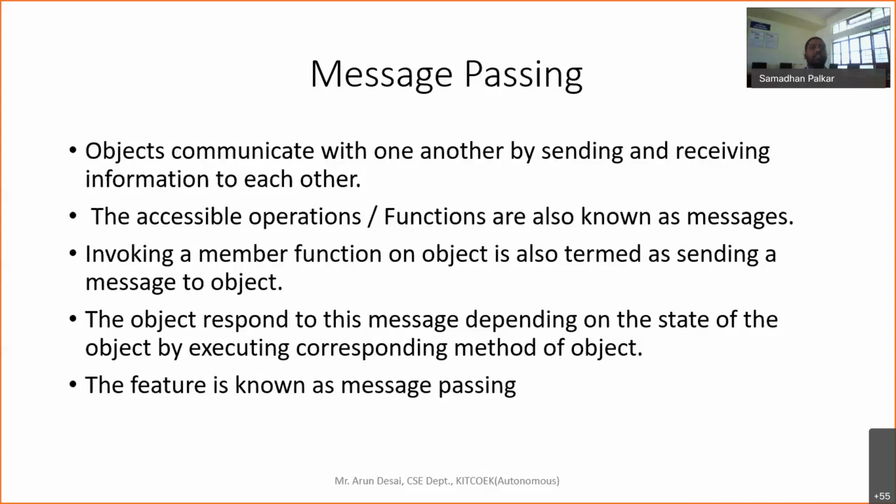So this is sending and receiving between objects, right? All those features are referred to as message passing in C++. If we invoke a member function on an object, we are sending a message to the object. The object responds by executing that function and changing its state. Whatever values are in that object change, and it gives a reply to the calling object. This is simply called message passing.